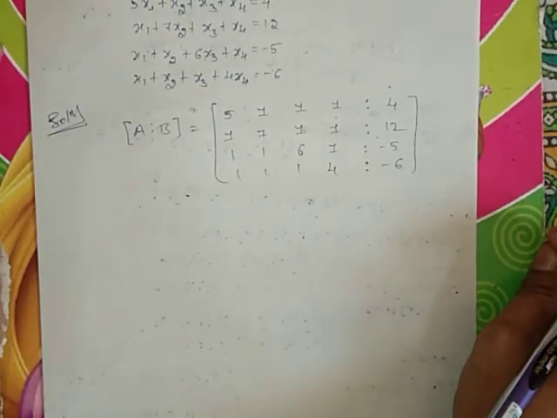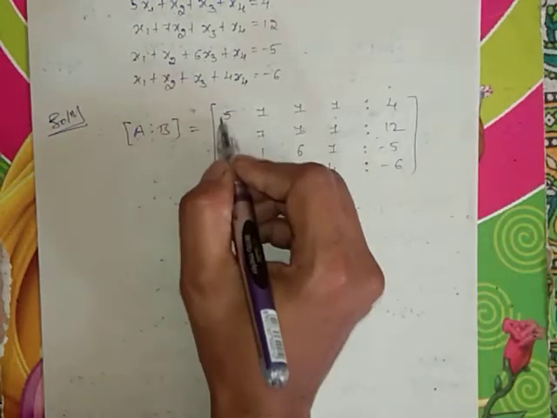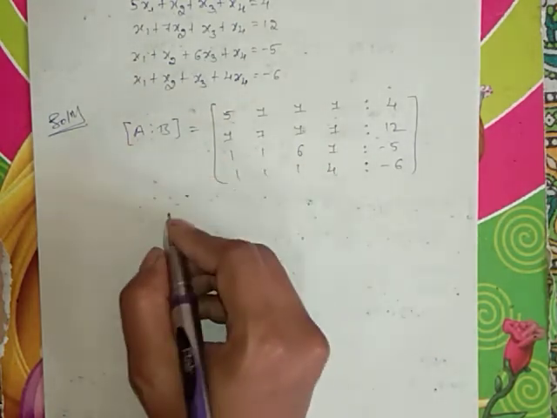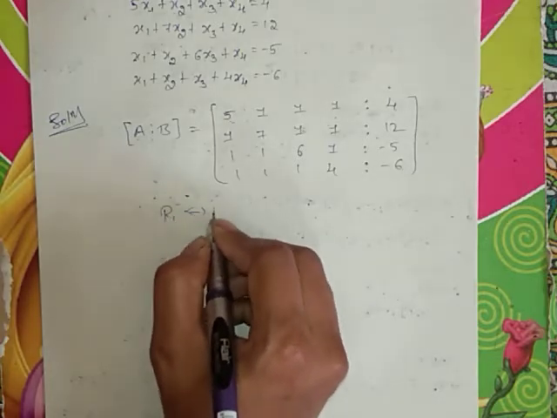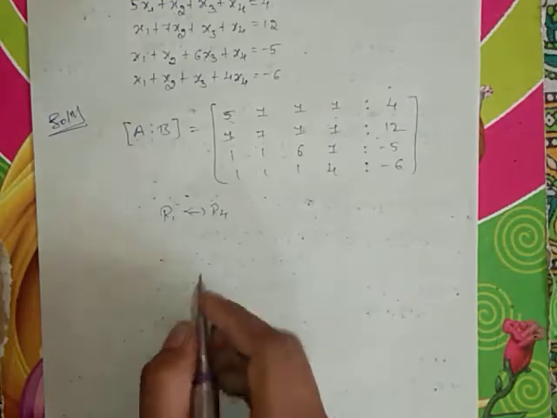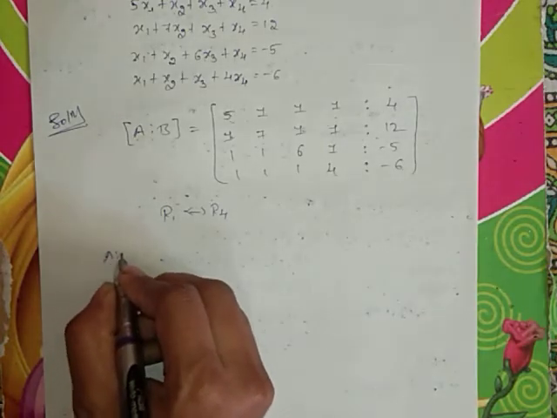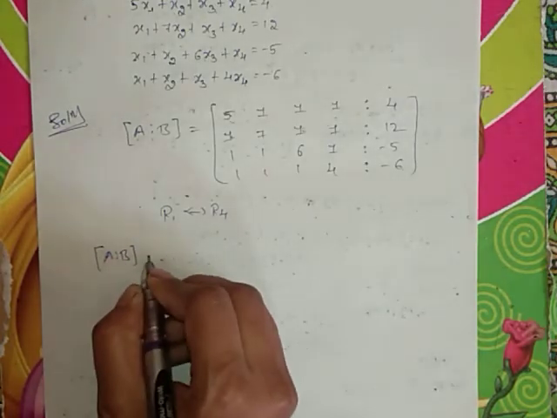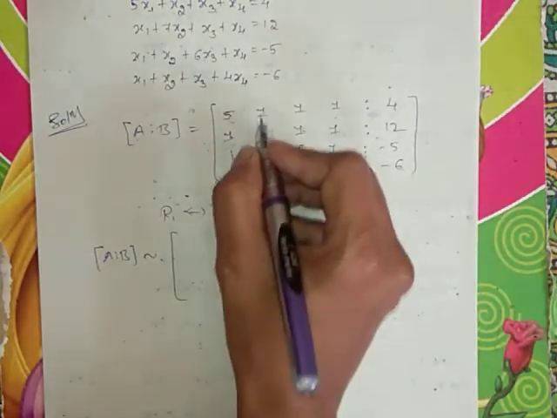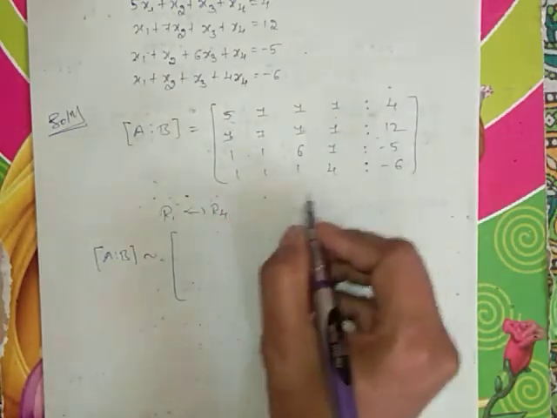So here I am taking it for convenience. I am taking the row transformation to make the leading element of the first row, the first element, 1. I am going to make an interchange of R1 and R4. You can also make an interchange with R2, R3 also. So our matrix is equivalent to, writing the entire elements of the fourth row in the first and first in the fourth.